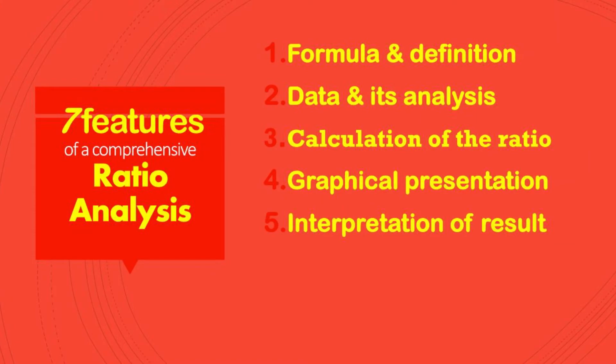The fifth feature of a comprehensive ratio analysis is interpretation of the results. So now you need to start writing. And the first thing which you should do in the writing part, apart from definition, is the interpretation of your results. That means if your results are increasing, you show that you understand that an increasing profitability ratio is a good sign, or increasing liquidity is a good sign.